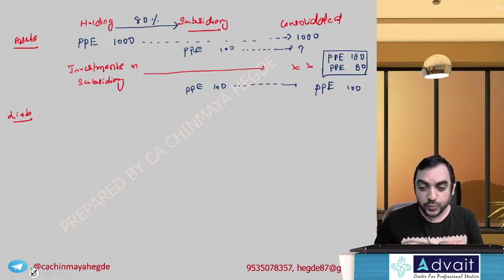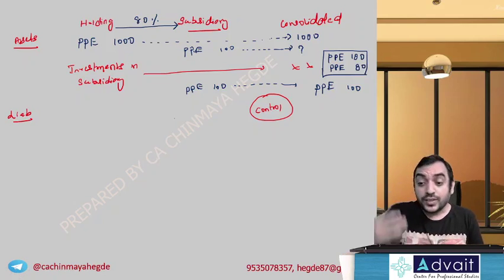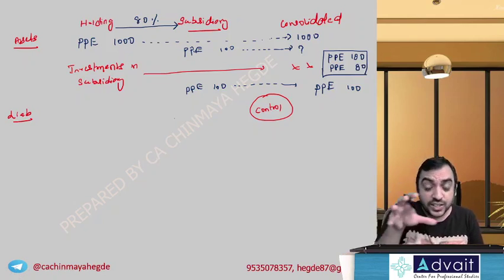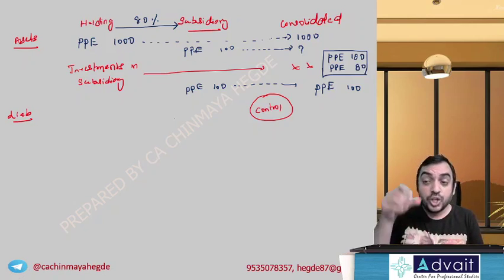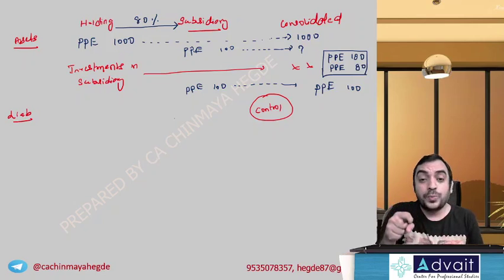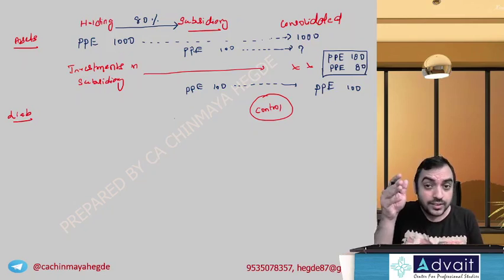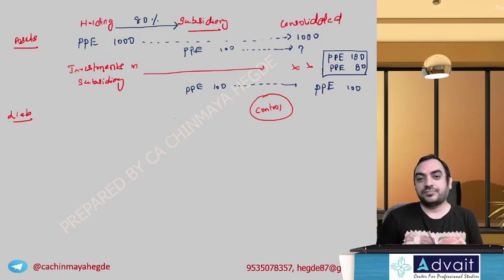The word to be addressed is control, not the word ownership. The word control. With 80% of the shares, you have the power to control the operations of subsidiary. You control how it should be operated. You may not own it, but you control it.